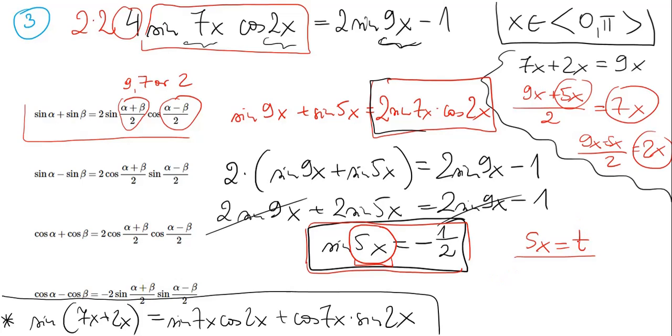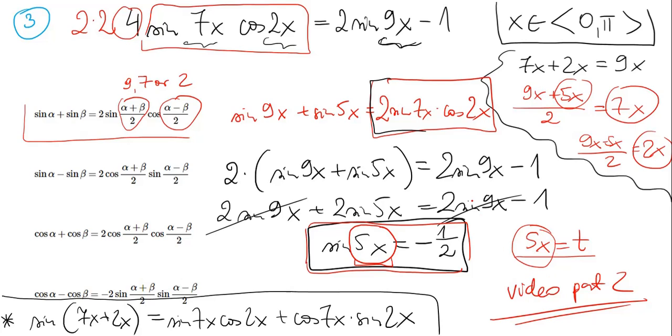I only remind you here, which is very important, that we have an argument here which is not x, it's 5x. So anytime you have some number with x, be very careful, because the interval that we have here will change. It's not going to be 0 to pi.